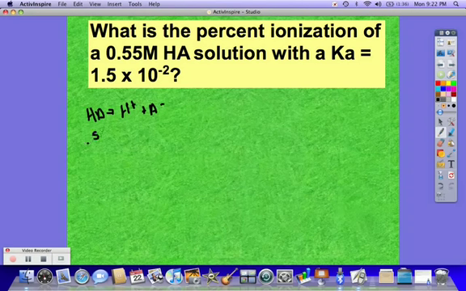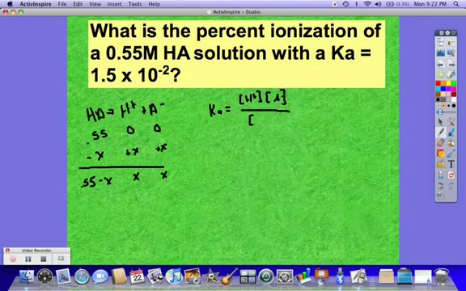HA goes to H plus and A minus. 0.5500 minus X, plus X, plus X. So 0.55 minus X, X, and X. Write our Ka expression. Plug our equilibrium values into our Ka expression.